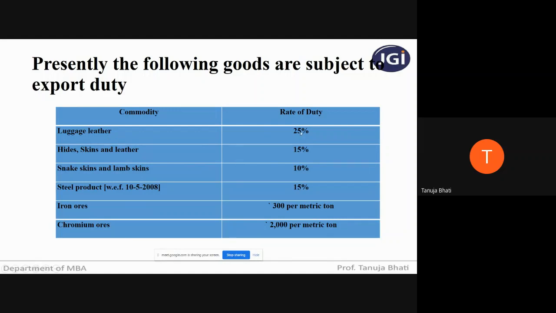Luggage leather is 25% rate of export duty, hide, skin and leather 15%, skin and lamb skin 10%, steel products 15%, iron ores 300 per metric ton, and chromium ores 2000 per metric ton. So these are a few examples of goods which are subject to export duty.